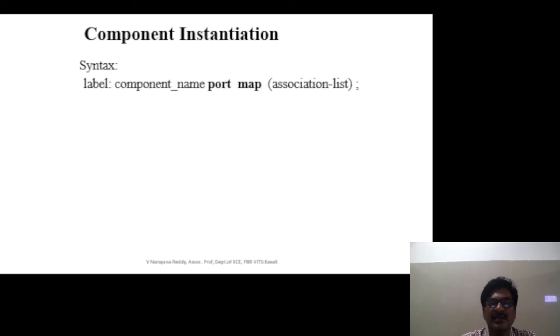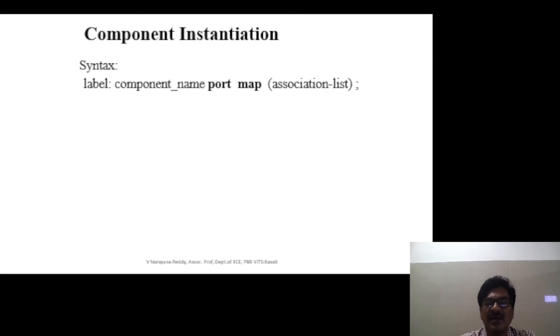Another thing you have to know, and you need to write this information also: in the structural style of architecture, the concurrent statement we use in the statement part is component instantiation. The statement is called component instantiation.